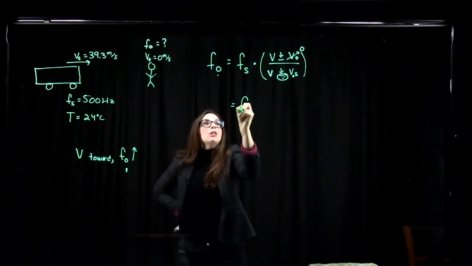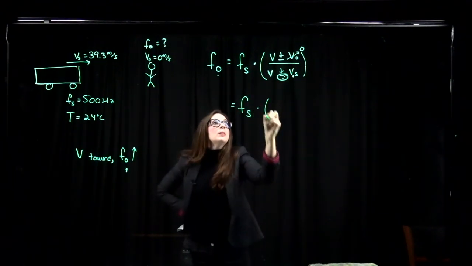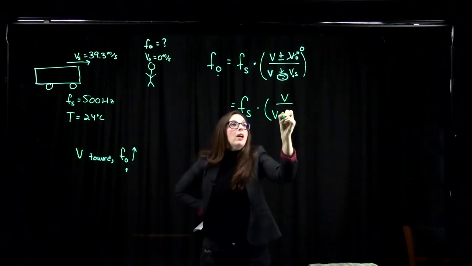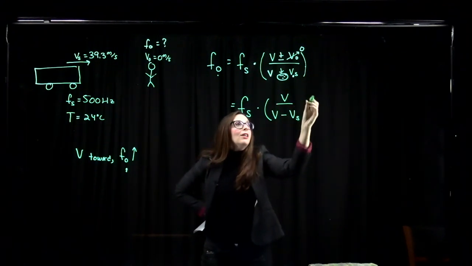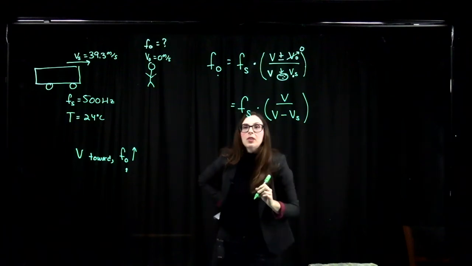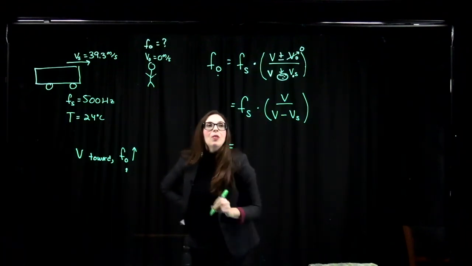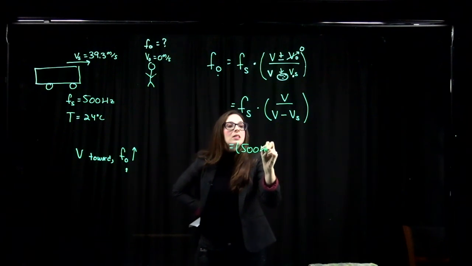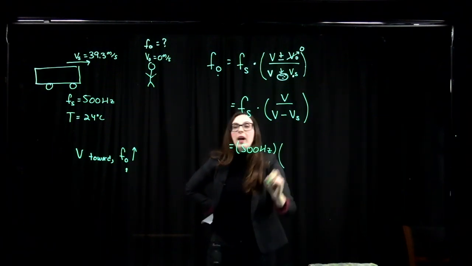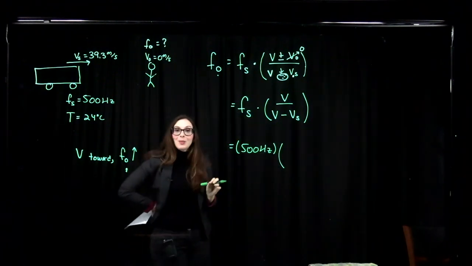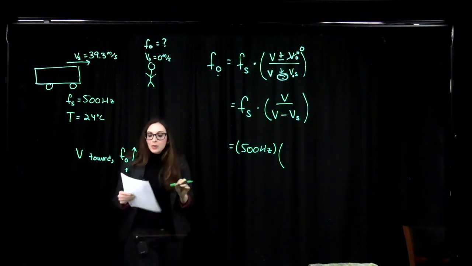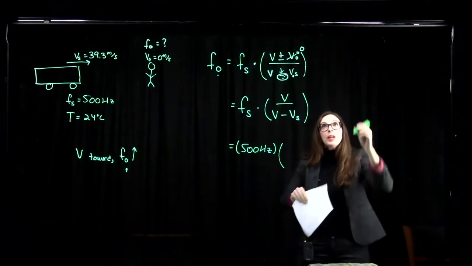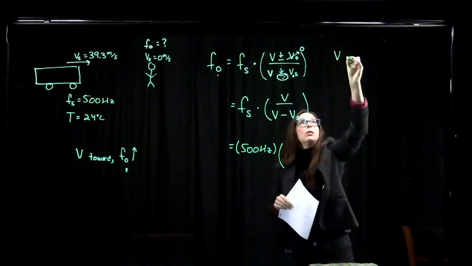This is going to be the frequency of the source times V, the speed of sound, divided by the speed of sound minus the velocity of the source toward the observer. Okay, so then we've got the frequency of our source, which we know is 500 hertz, and then we're going to multiply it by, we have to figure out the speed of sound on this day where the temperature is 24 degrees. So we can use our equation for the speed of sound.